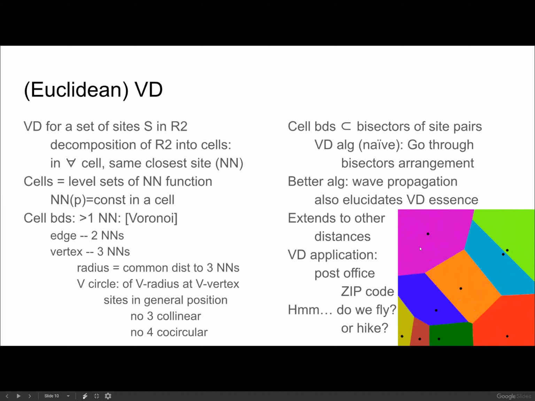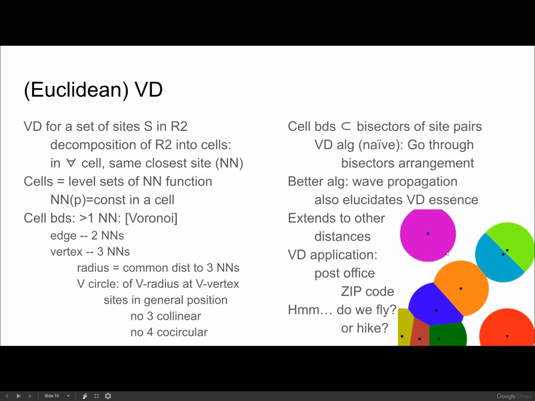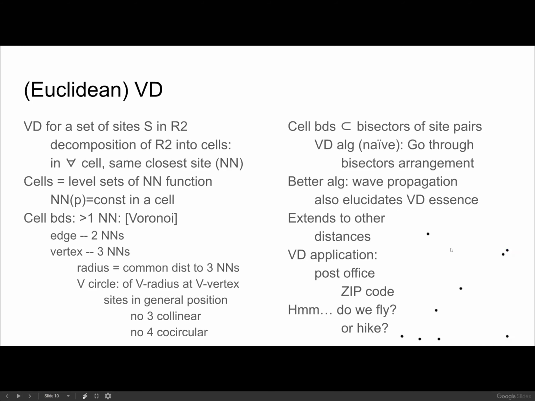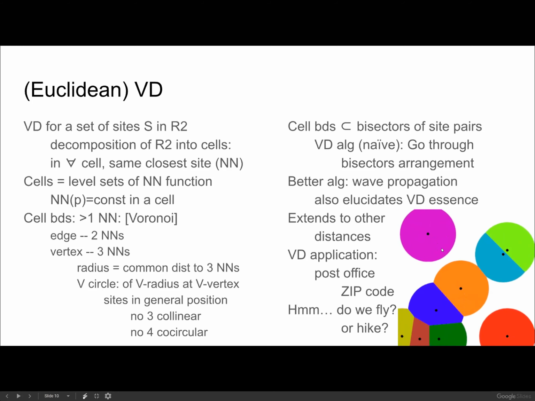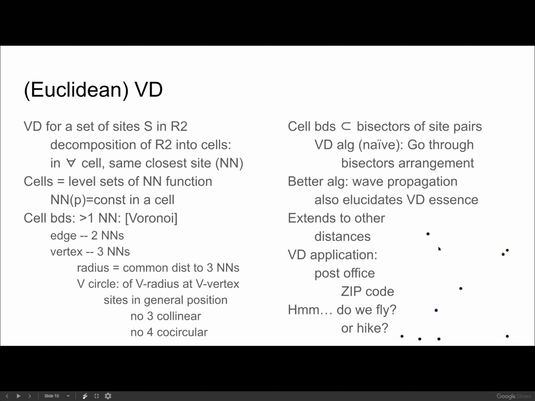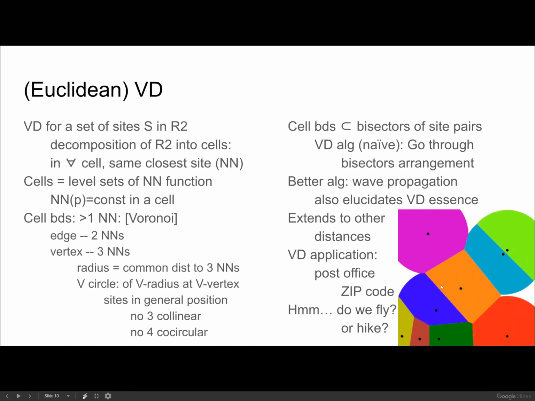So here on the right, you have a picture. And I guess I took it from Wikipedia. It shows you how the Voronoi diagram is built. So you have these sides, the black dots. And as I was trying to draw, I think this is a much better animation. Each of them starts the kind of wave propagation. So imagine that you drop a stone in each of these sides, and the plane is the lake.